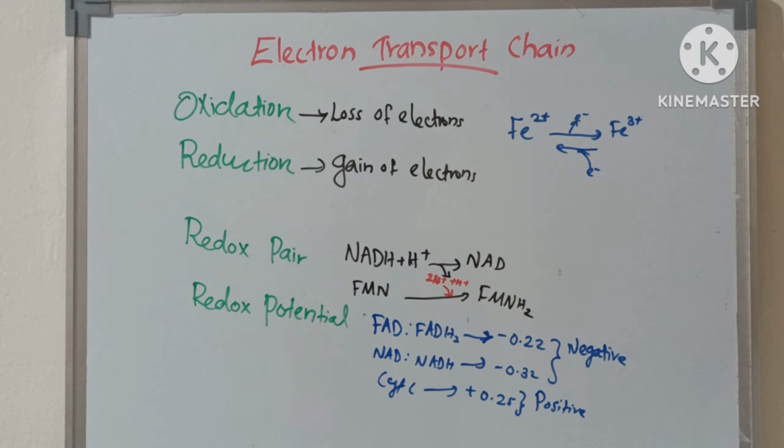In the case of cytochrome C, it is plus 0.25. That is known as positive electron transfer potential. Positive means higher affinity for electrons than hydrogen. Negative means lower affinity for electrons than hydrogen. These electrons are transferred from negative electron transfer potential to positive electron transfer potential in the electron transport chain.